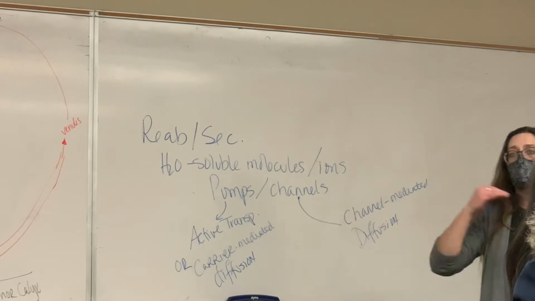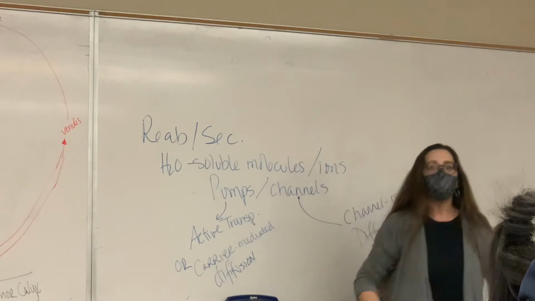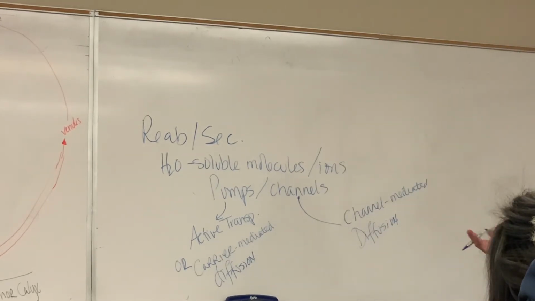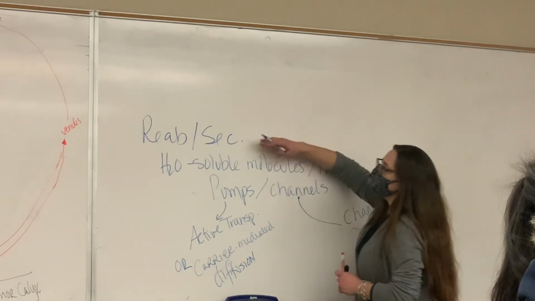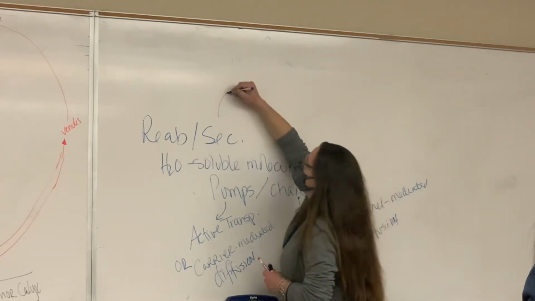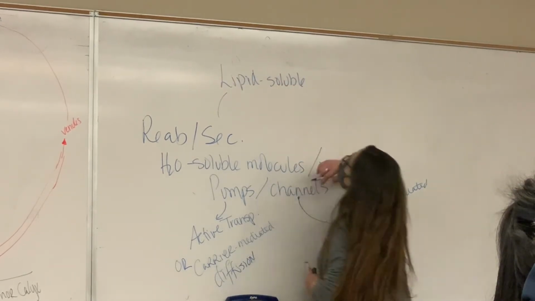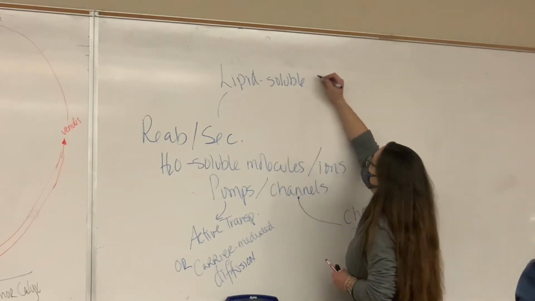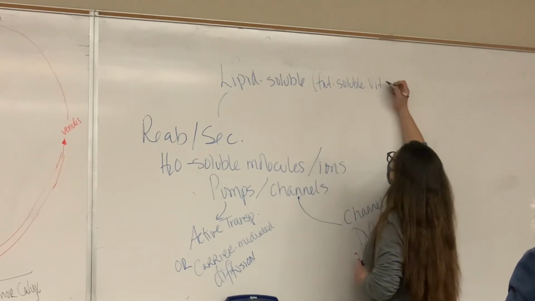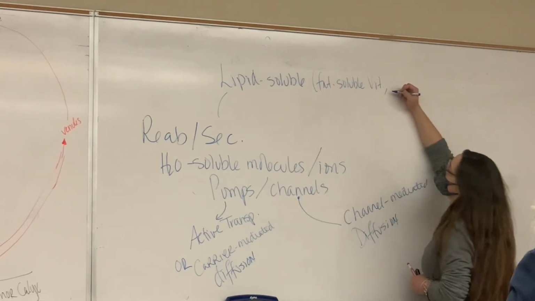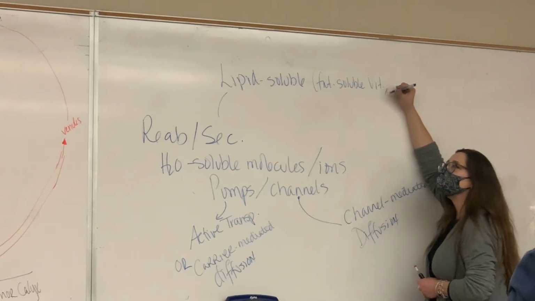Where are things high? Where are things low? Unless we're talking about active transport, then we can move up a concentration gradient if we apply ATP or some kind of energy source to it. Anything that's moving through reabsorption or secretion that's lipid soluble, so things like fat soluble vitamins, urea, I can't remember if that's a lipid or not.